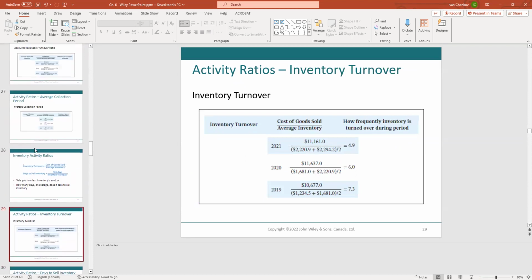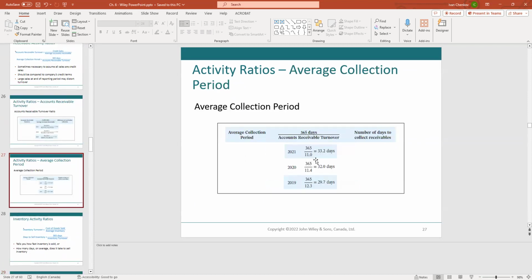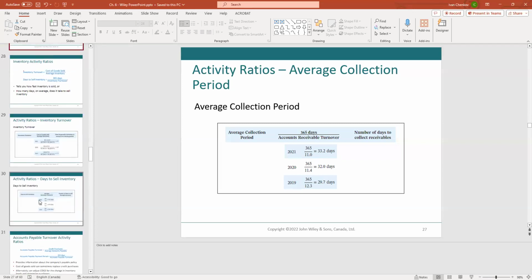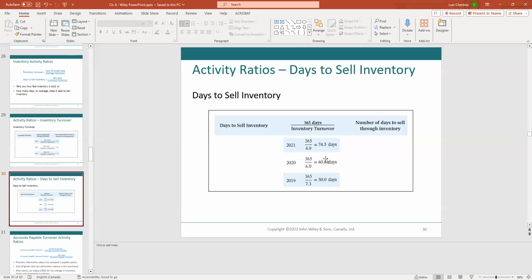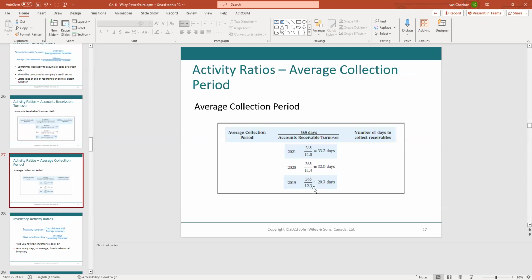If we see the average collection period going up, and if we see that the days to sell our inventory goes up, naturally we should see that accounts payable also goes up. Because if the accounts payable starts going down, we may run out of cash.